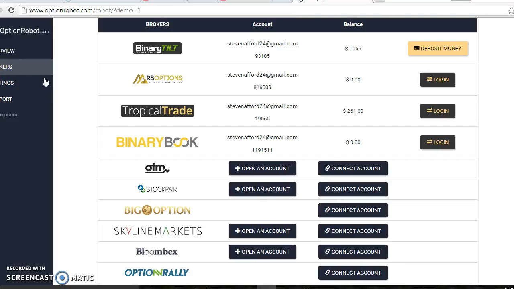Now these brokers will be already inside your Ice 9 system. These are the only ones you're allowed to sign up with. And basically you sign up with the very first one that has been offered to you. So when you open up your Ice 9 robot, it will straight away tell you to fund your account with whoever it is, the first one that the robot has suggested or recommended.